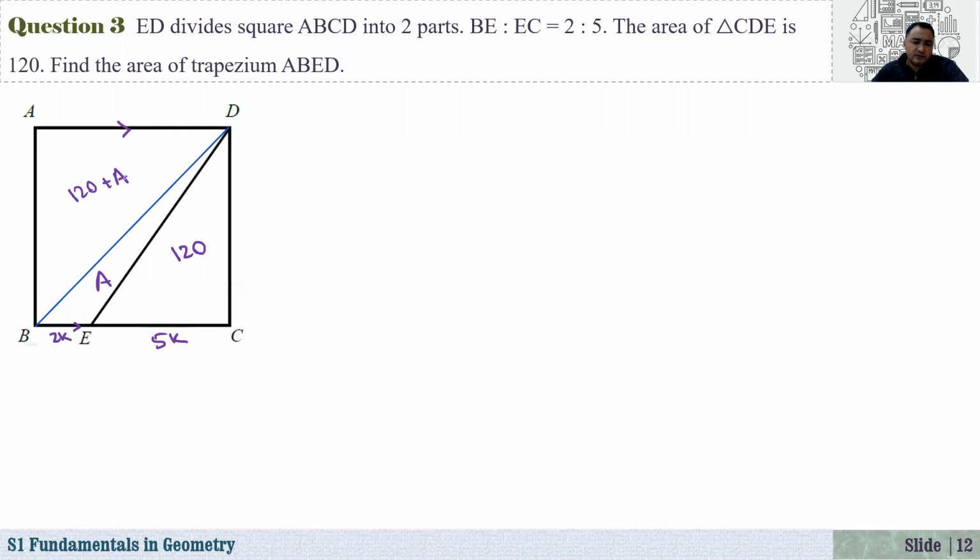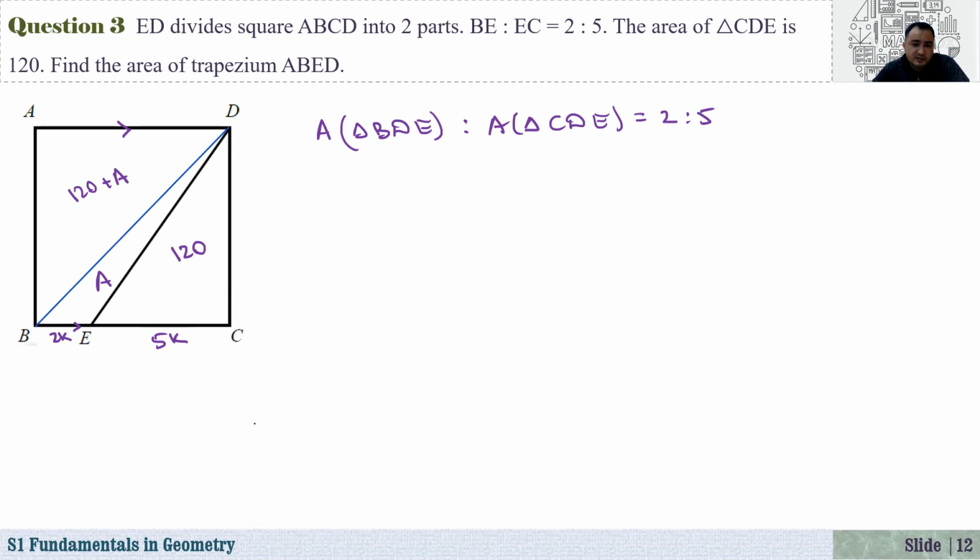Or even if I just denote the total area by A, anyway, first let me just find the value of A. As you see here, the ratio of the area of triangle BDE to the area of triangle CDE is equal to 2 to 5, because they are sharing the same height.